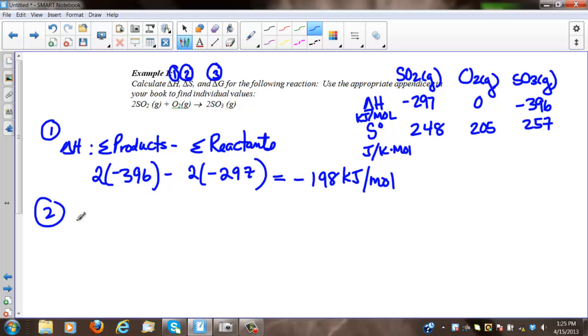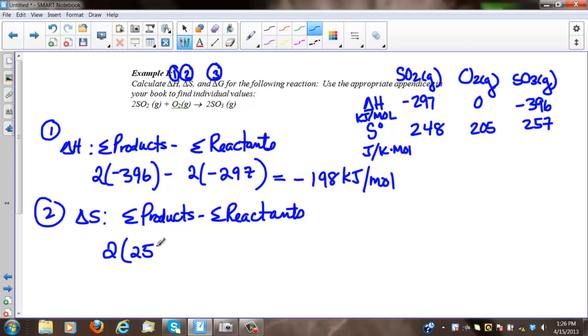For number 2, they want us to solve delta S. Delta S is also going to be sum of products minus the sum of the reactants. In this case, we've got SO3. We have 2 of them with a value of 257. So 2 times 257.